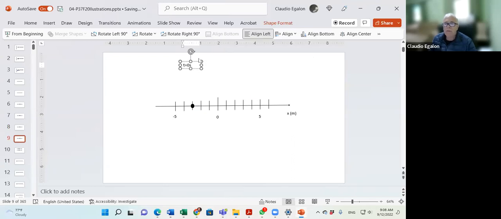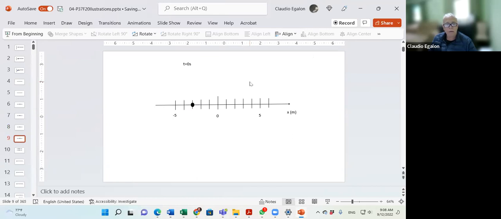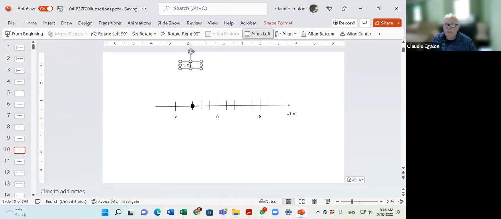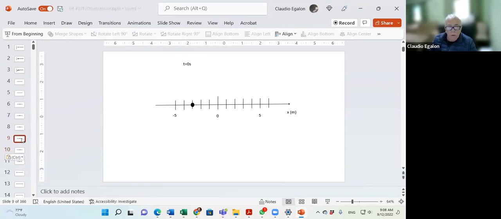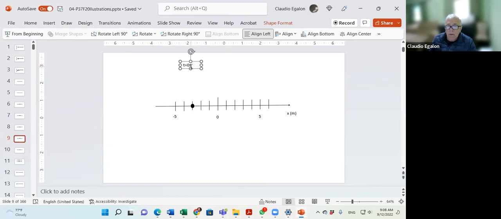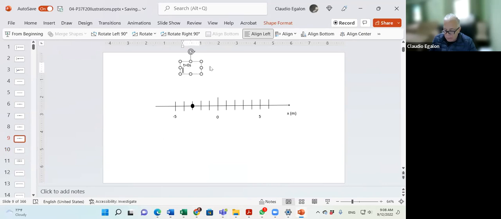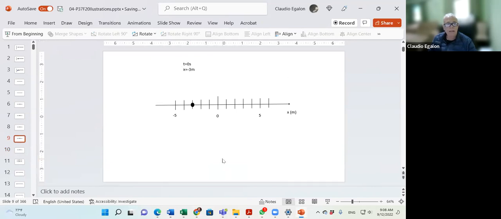At t equal to 0 seconds, the particle is right in here. And we say that the position of the particle is x equal to, what would that be? I want to ask you that. Think about that on your side. x is going to be equal to minus 3 meters, according to this coordinate axis.